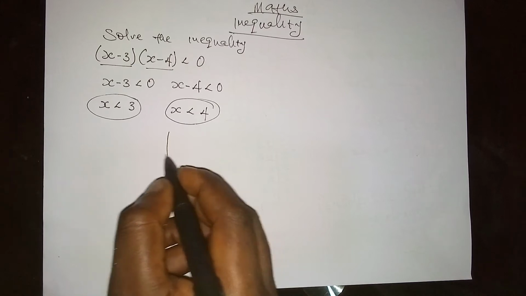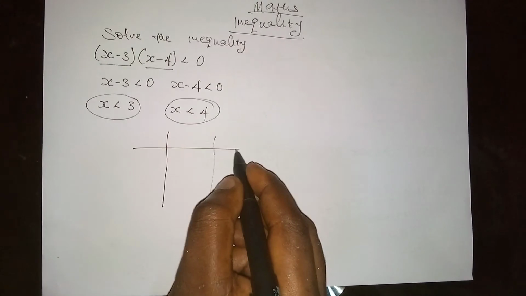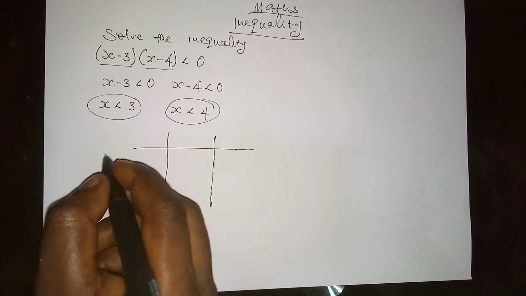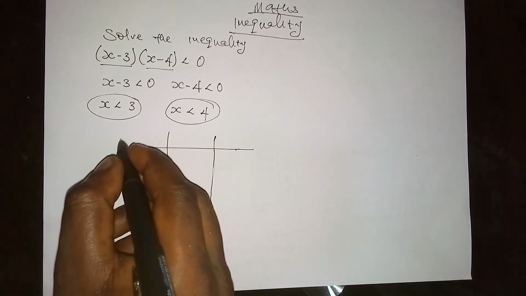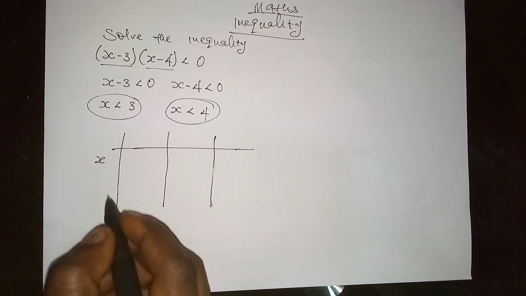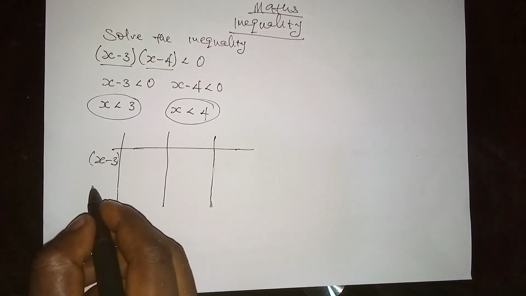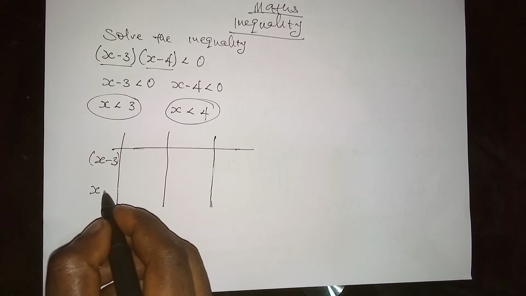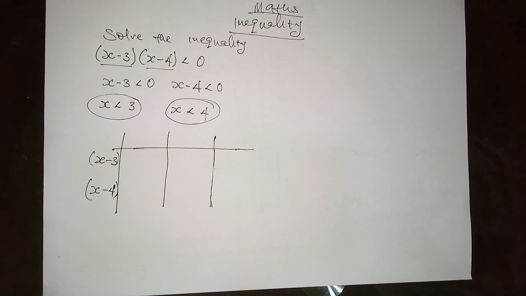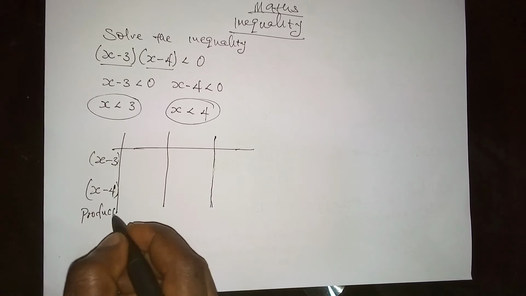So we have x - 3 and x - 4, and we have what we call the product.